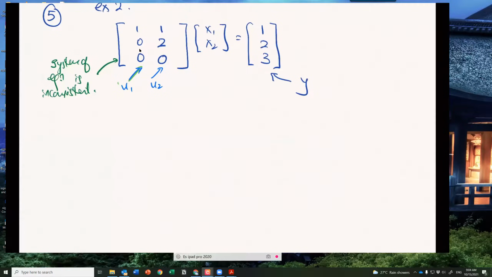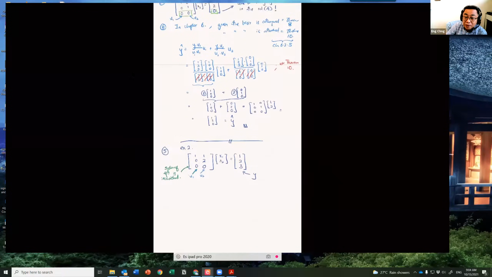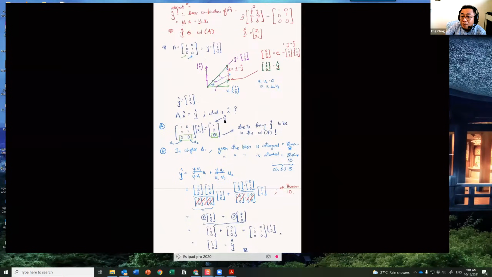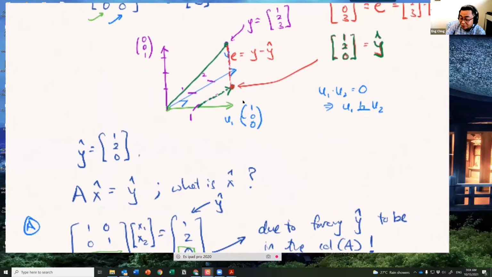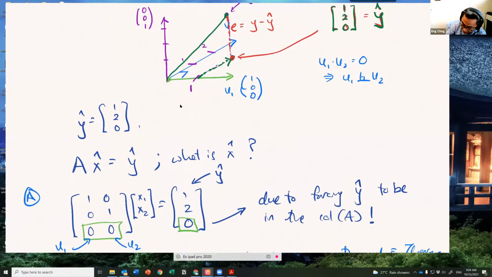And let us draw the column space of the matrix A. Again, we have 1, 0, 0, which is nice. It is exactly like that 1, 0, 0 here. But U2 is not 0, 1, 0 anymore. They are not perpendicular in example 2.